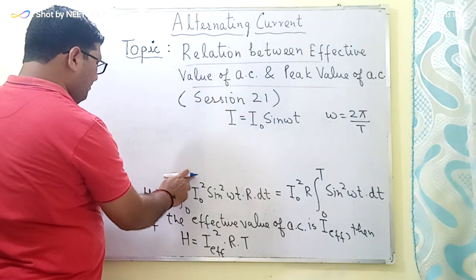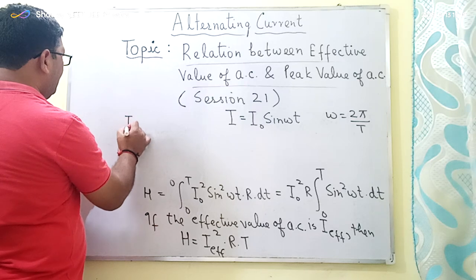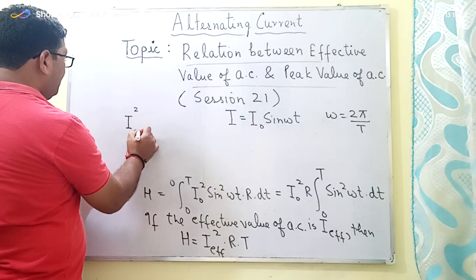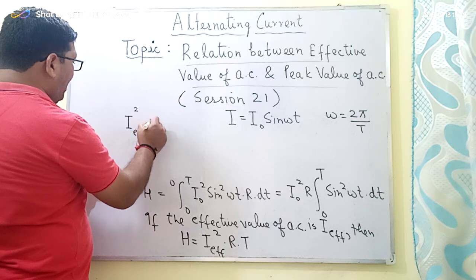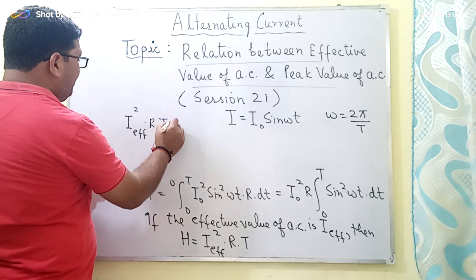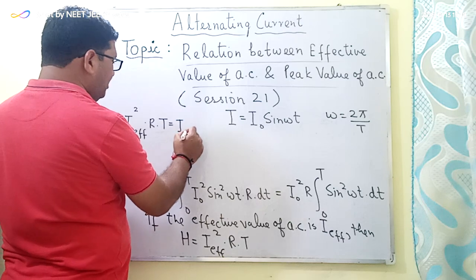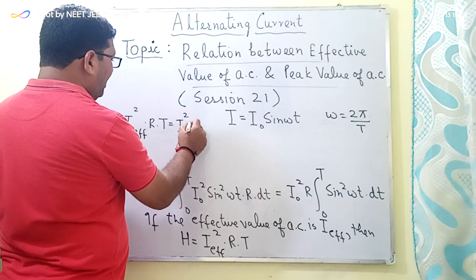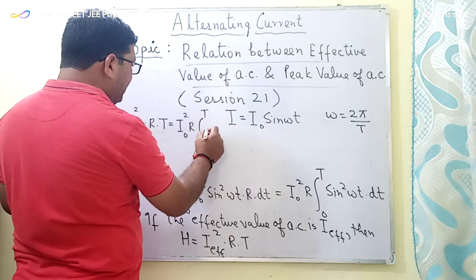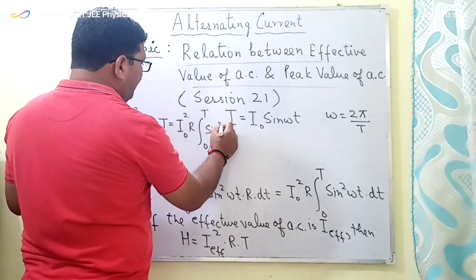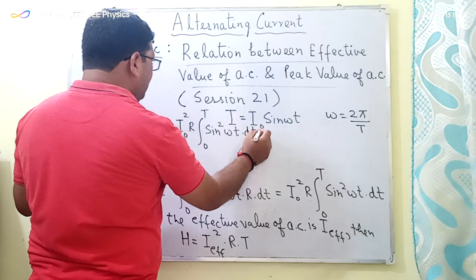So from here, this I effective square into R into the time period is equal to I naught square R integration within the limits of 0 and capital T of sine square omega t dt. So this is the equation which I have got.